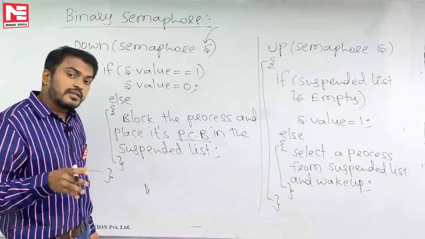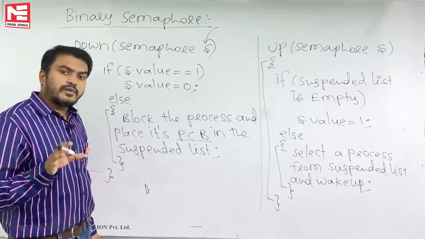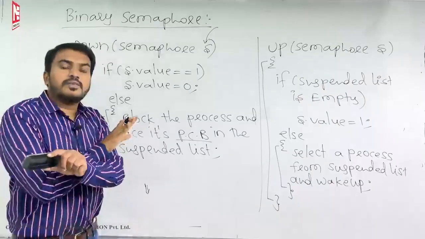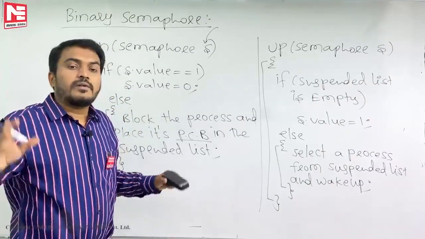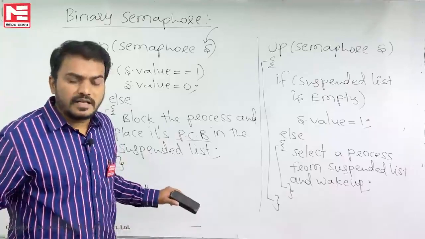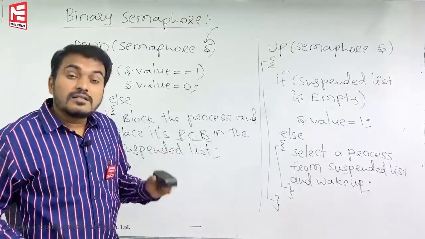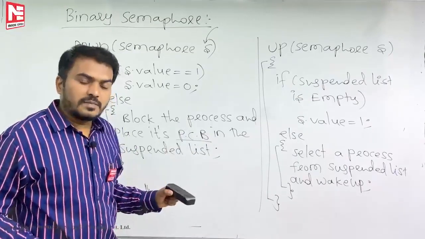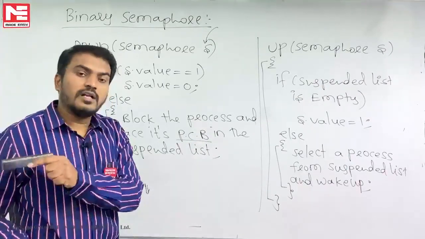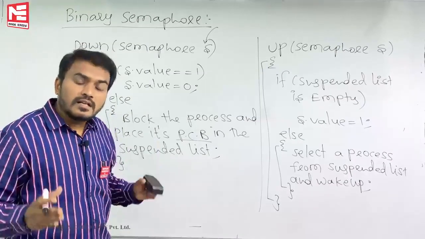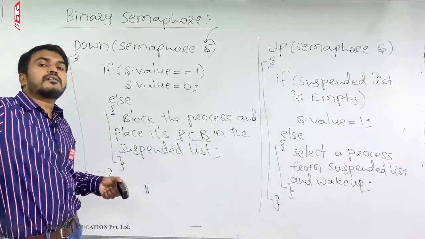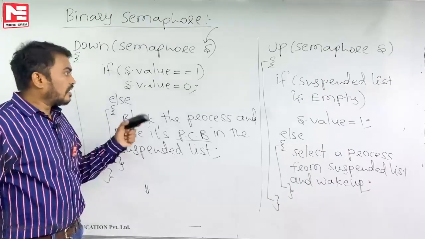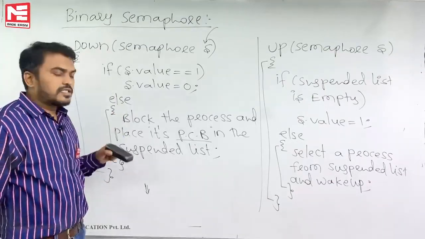Same thing, after performing down operation, if the process is not getting suspended, that is called a successful down operation. If it is a successful down operation, then the process will continue further execution in the code. Is that clear? So that is the meaning of the down operation on the binary semaphore.